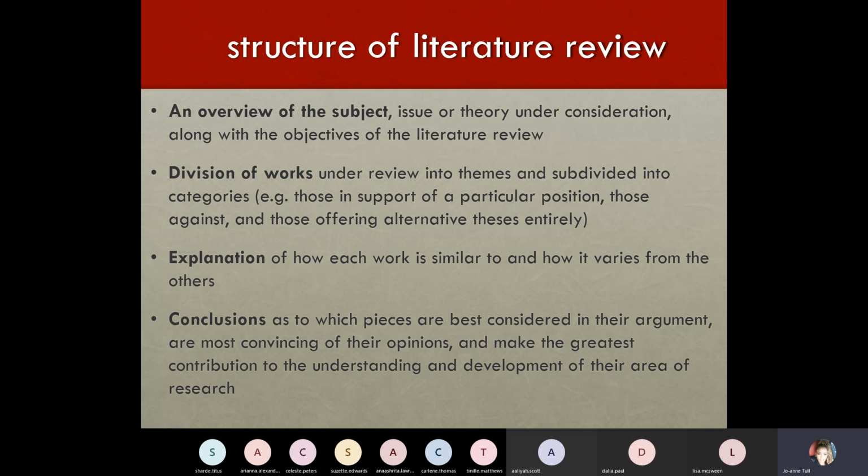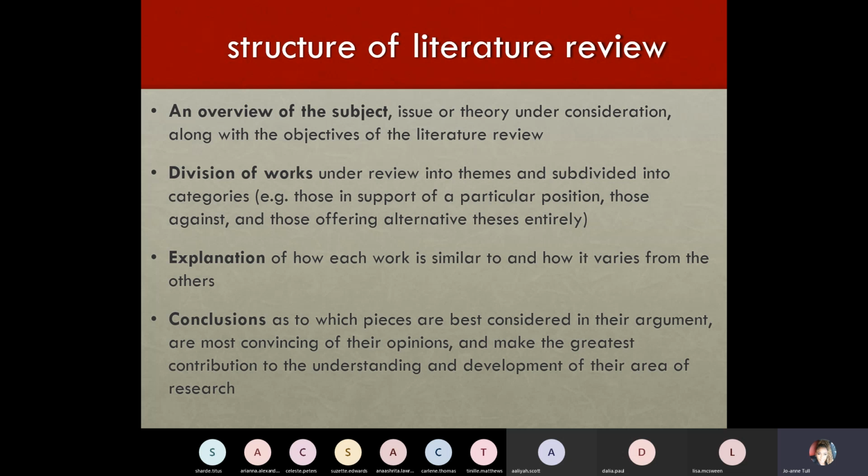Now, a literature review, I want you to note this down, really has two stages. The first is building an annotated bibliography. That is stage one. And stage two is formulating or writing up the actual lit review based on the annotated bibliography. I repeat that.